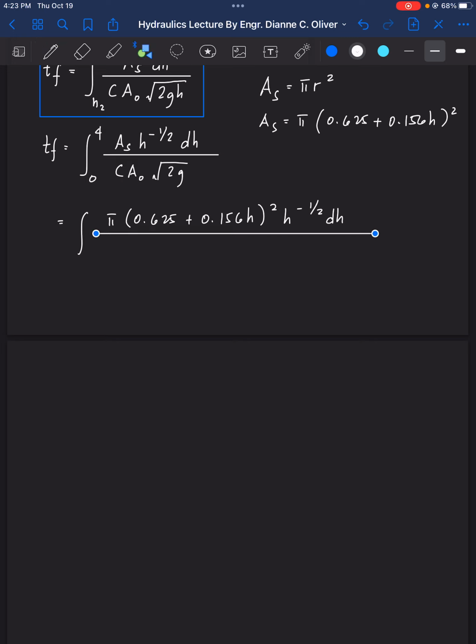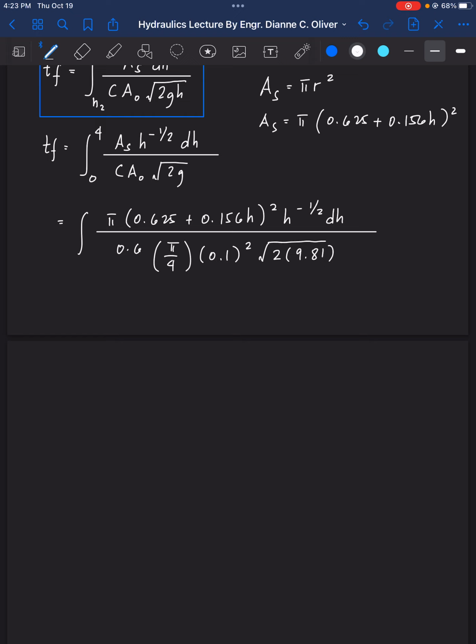all over C of 0.6 times the area of the orifice, pi over 4 times 0.1 squared, times the square root of 2 times 9.81, from 0 to 4.